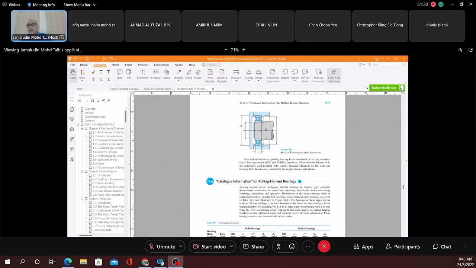Okay, that will be for the purpose of the project. Yes, after you get the gear, then you calculate the bearing. After that, you can go for the shaft. The shaft, go in parallel and double check the dimension of the shaft.